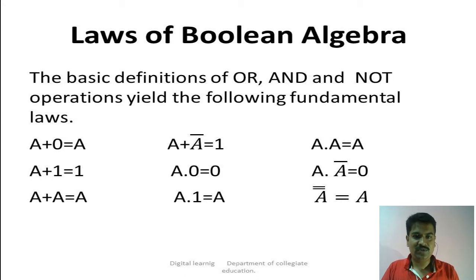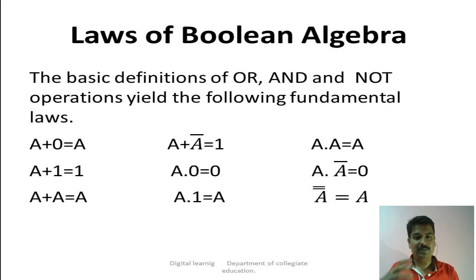Similarly, a dot 0 is equal to 0. Anything you logically multiply with 0 will be 0. Any digit you logically multiply with 1 will be the same number itself. And one more thing regarding the AND operation: a dot a will be equal to a, and a dot a bar will be equal to 0.